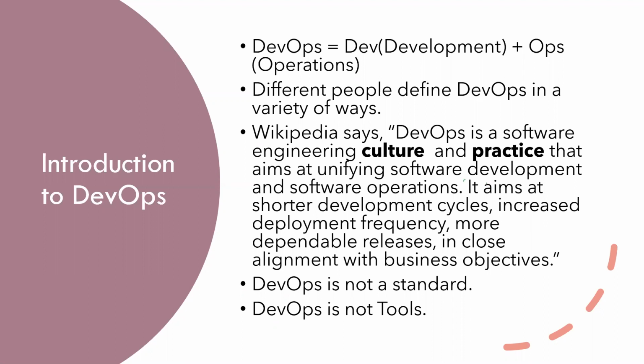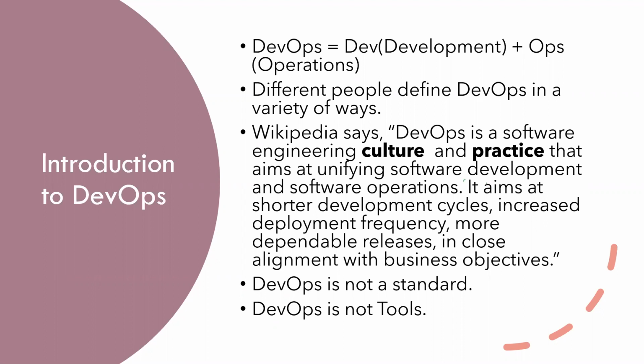If we see the definition again, it says DevOps is a software engineering culture and practice that aims at unifying software development and software operations. With the help of this culture, the best practices and essentials which are required, like the different tools Jenkins, Ansible, Kubernetes, Git, and all, you combine together to ensure proper software development and operations.